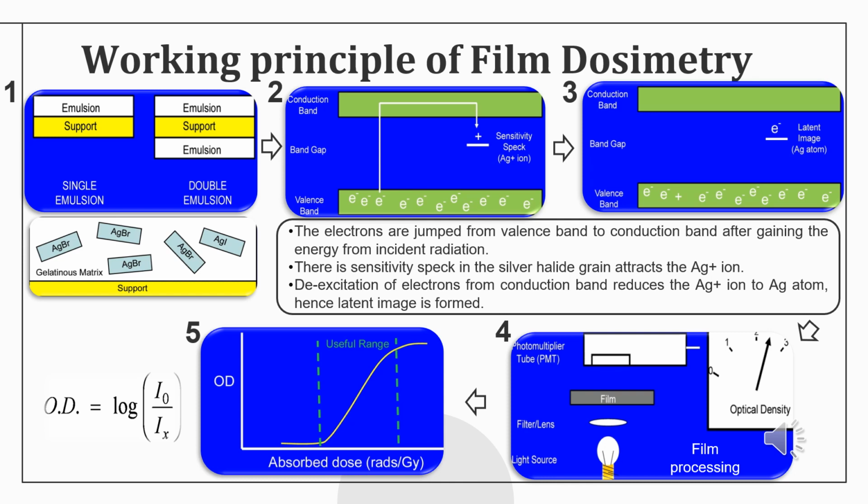After this, there is film processing. After film processing, a densitometer can measure the optical density or darkness of the film, and it will quantify it.